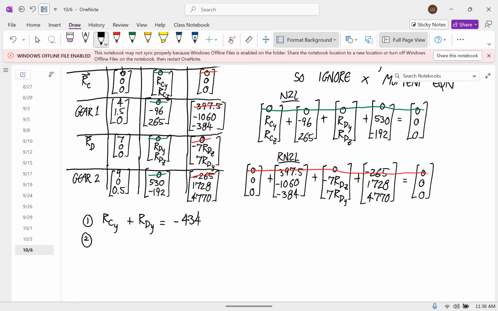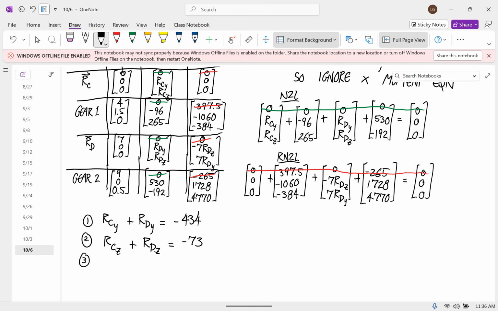Then the second equation says RCZ plus RDZ is equal to negative 73.